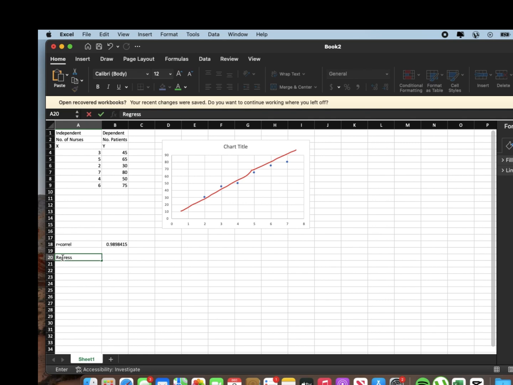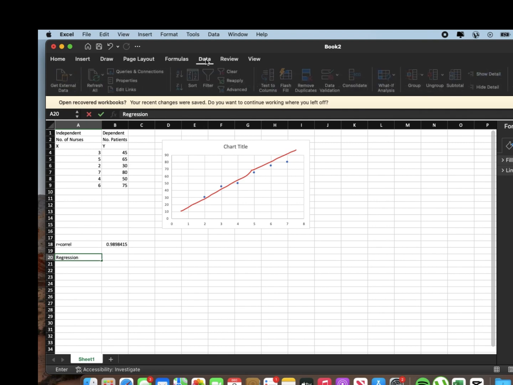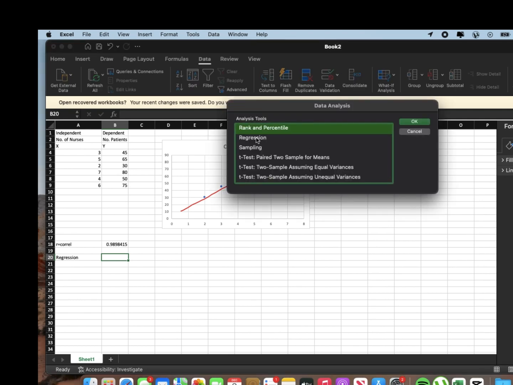So the next thing that we need to do is find out the regression analysis. This is how we're going to get the data for your regression. Go to your data, and then go to data analysis. So these are your data. You go to data analysis, click on regression, and then click OK.